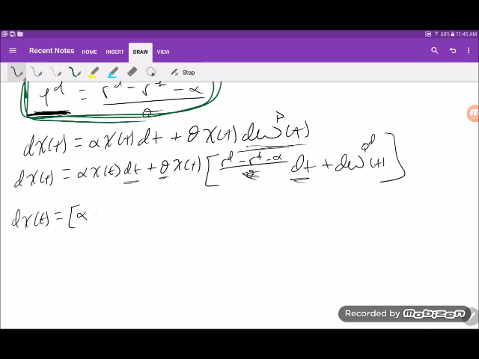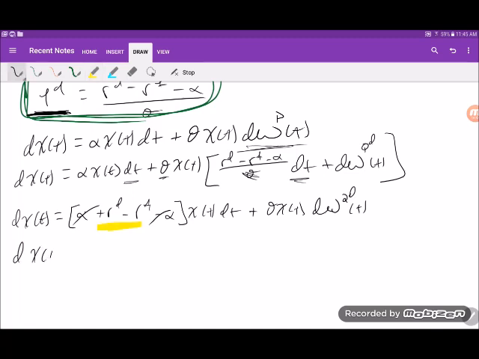So we're just going to have alpha plus rd minus rf minus alpha, x t dt plus sigma x t dW q d t. Obviously these cancel, you're just left with this. So finally in the end, it'll be equals rd minus rf, x t dt plus sigma x t dW q d.